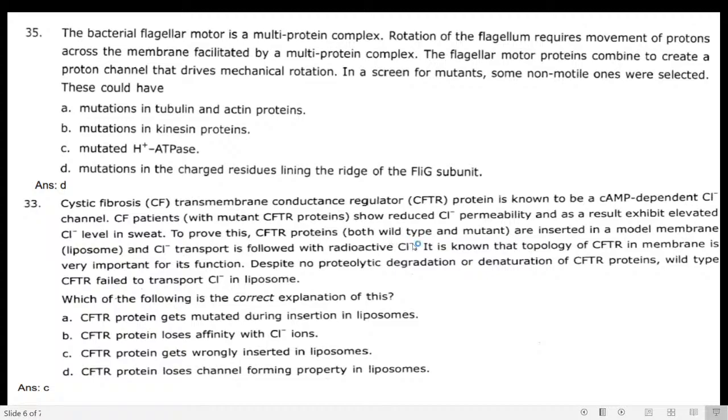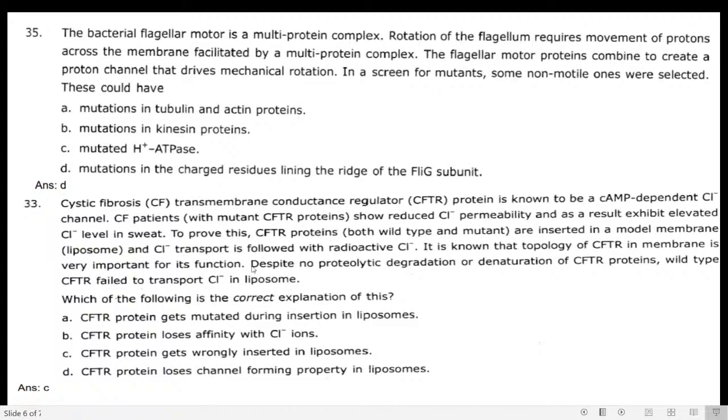To prove this, they inserted it in a liposomal membrane model, and Cl- transport was followed by radioactive Cl-. This is the procedure. First is the statement, second is the procedure. The topology of CFTR in the membrane is very important for its function. Here is the result: with no proteolytic degradation or denaturation of CFTR protein, wild-type CFTR failed to transport Cl- in the liposome.